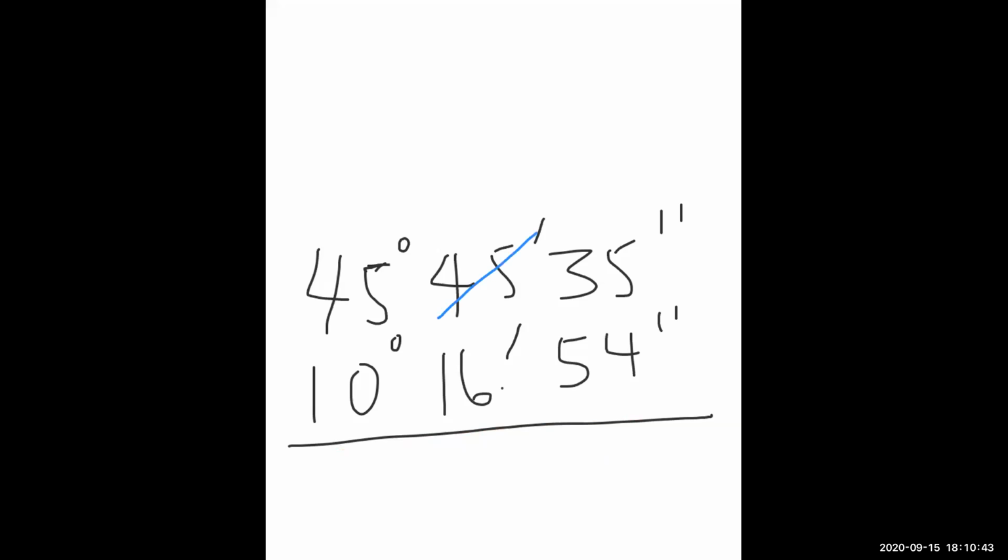So if I cancel that out and I say that that's 44 minutes, and I add 60 to this, 60 plus 35 is 95. Now I can subtract 54 from 95. 95 minus 54 is 41.